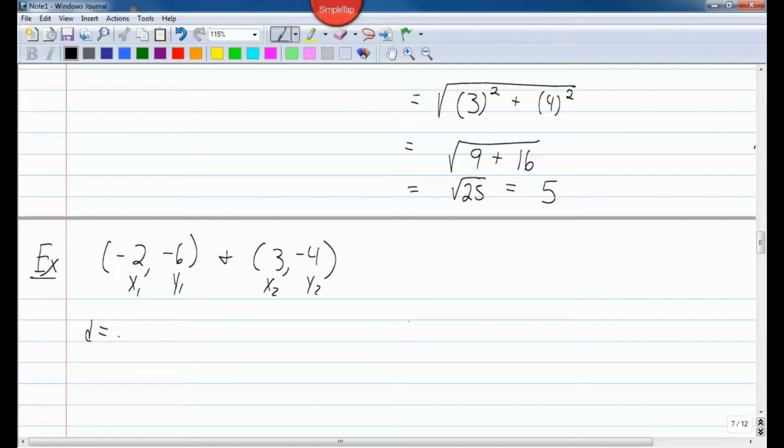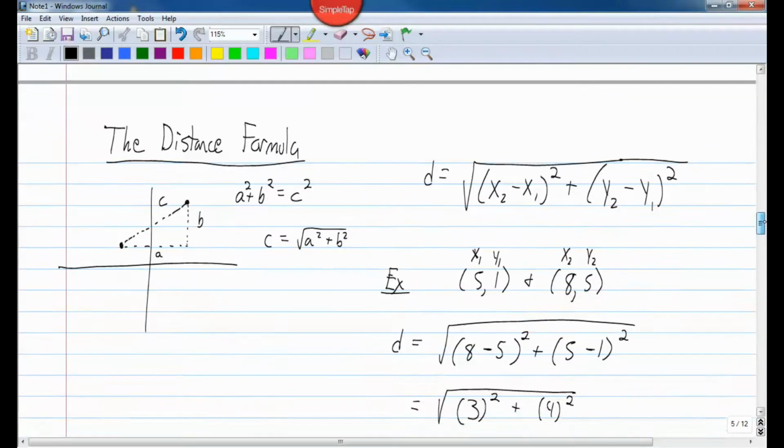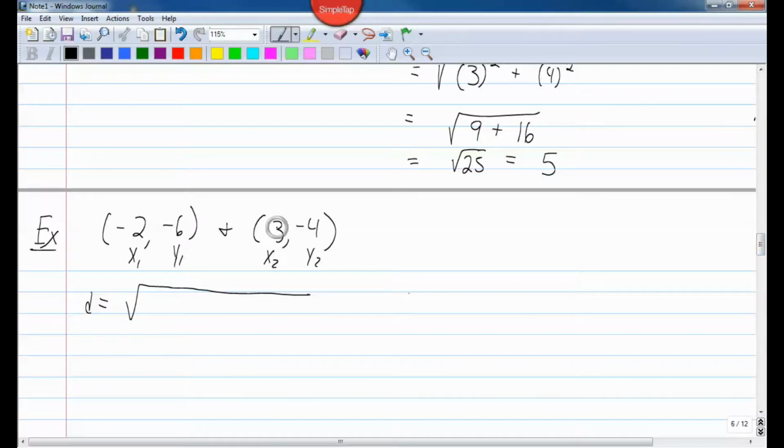And distance is equal to the square root of, let's do the x's first, x sub 2 minus x sub 1 squared plus y sub 2 minus y sub 1 squared.